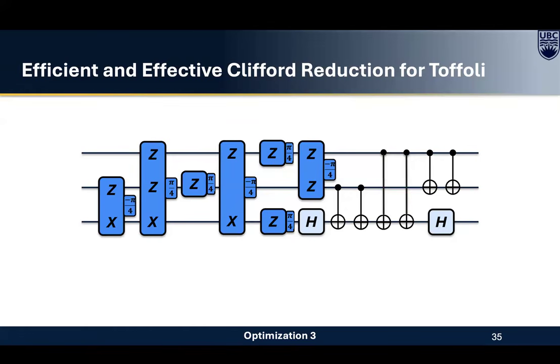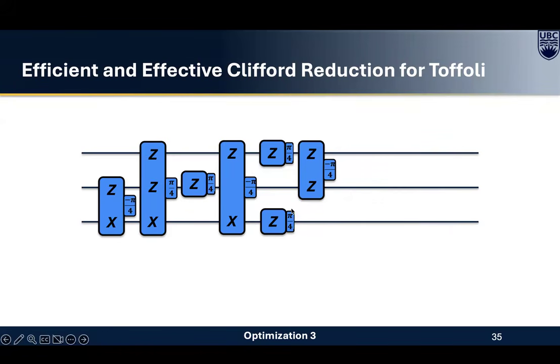So if we have a pair of CNOT gates, we can also just cancel them pairwise. And once we cancel all the CNOT gates, the 2 Hadamard gates can also be canceled pairwise. So by doing this, we can actually get rid of all the Clifford gates. Although we're not having those multi-qubit Pauli product rotations, they are only constrained locally to those 3 qubits that the Toffoli gates apply to.